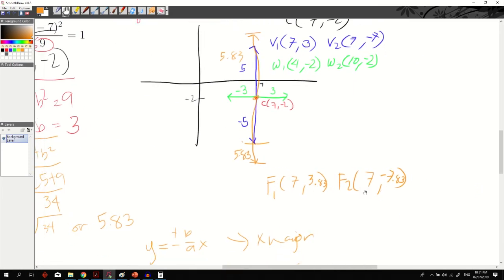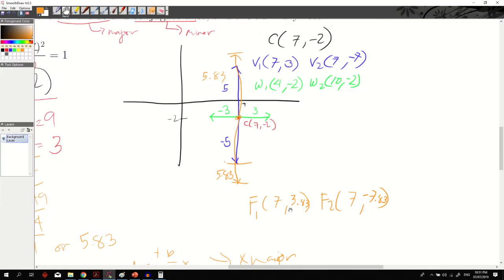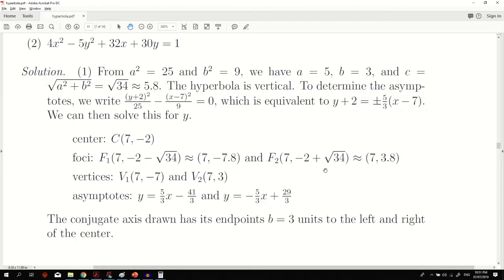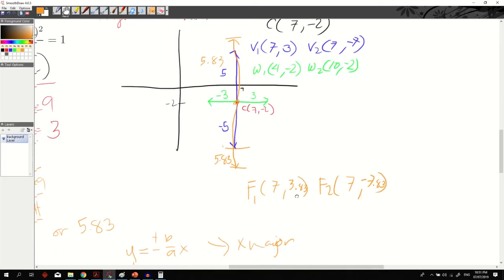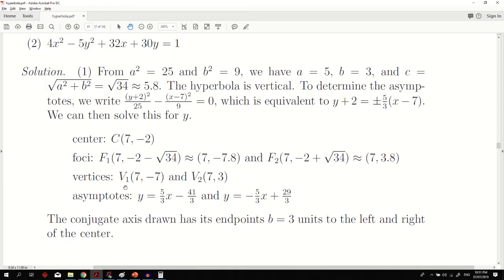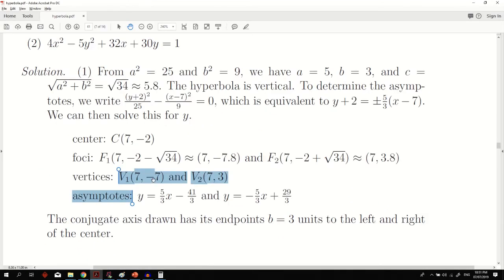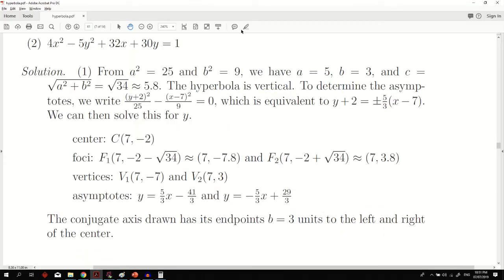Okay, so that's still the same. Negative 7.8 here, this is the one. Then 3.8, this is the other one. Then we have the vertices 7, negative 7, and 7 and 3. Okay, still the same. Then we have this one as asymptotes.